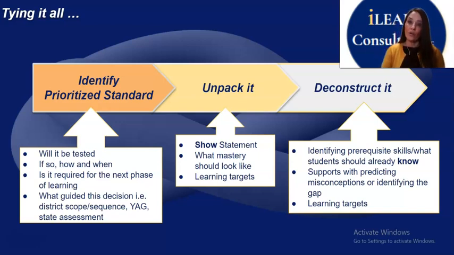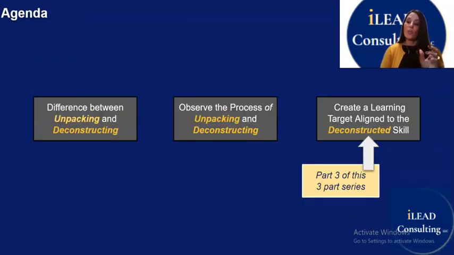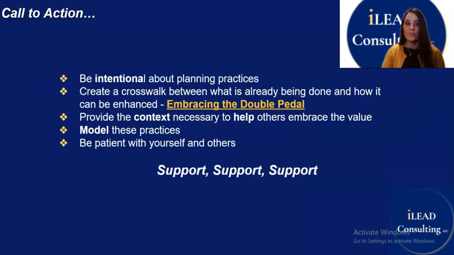And it will support you with creating the learning target. So we know for this part of the series, we've deconstructed and we unpacked. Part 3 will move to how to create learning targets that are aligned to the deconstructed skill.